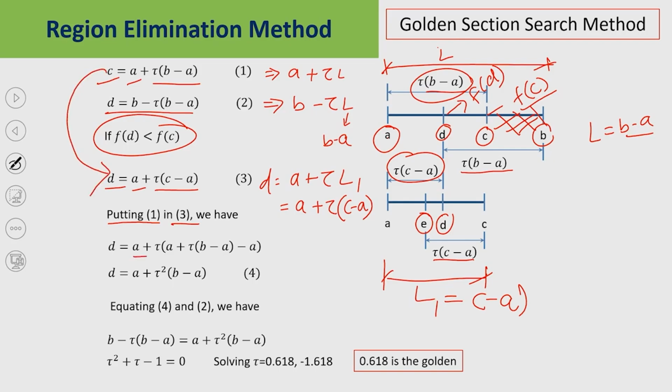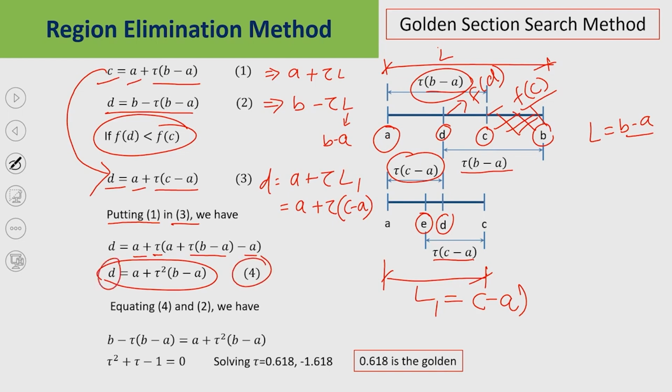This is A plus tau. Now, what is C? C is A plus tau times (B minus A), and if I simplify that, I will be getting this equation, that is D equal to A plus tau square times (B minus A). So, I am getting 4.